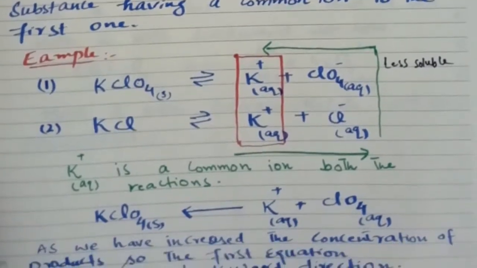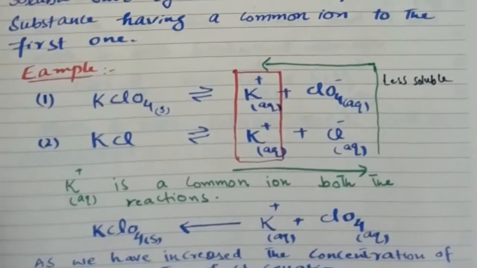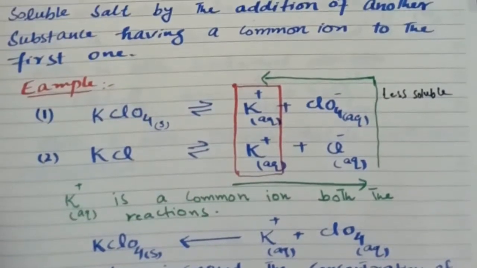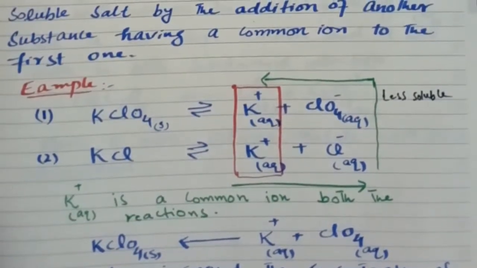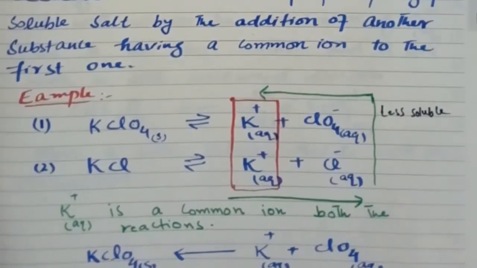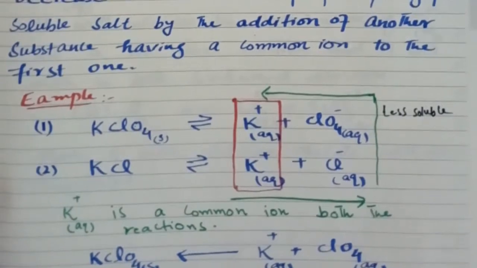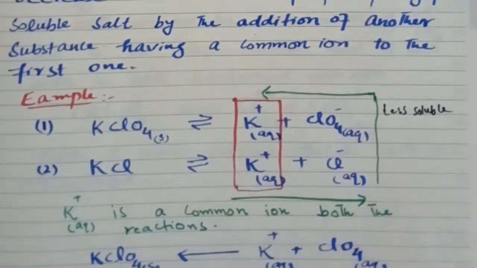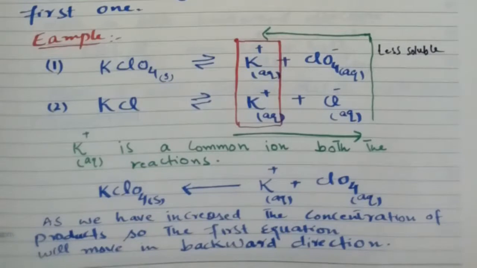Now let's take the example of potassium chlorate. When potassium chlorate, which is a sparingly soluble salt, or less soluble salt, is dissolved in water, it will dissociate to form potassium ion and chlorate ion. Another salt like potassium chloride, when added to the same solution, will also ionize to form potassium ion and chloride ion.